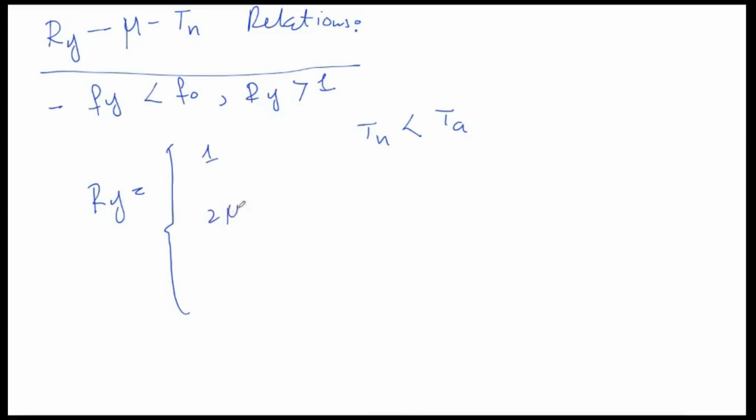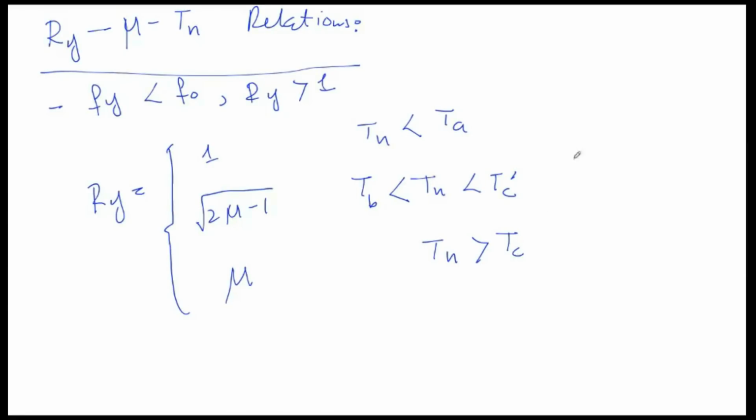It is taken as equal to the square root of 2 mu minus 1 when Tn is greater than Tb and less than or equal to Tc prime. And when Tn is greater than Tc, it is taken equal to mu.